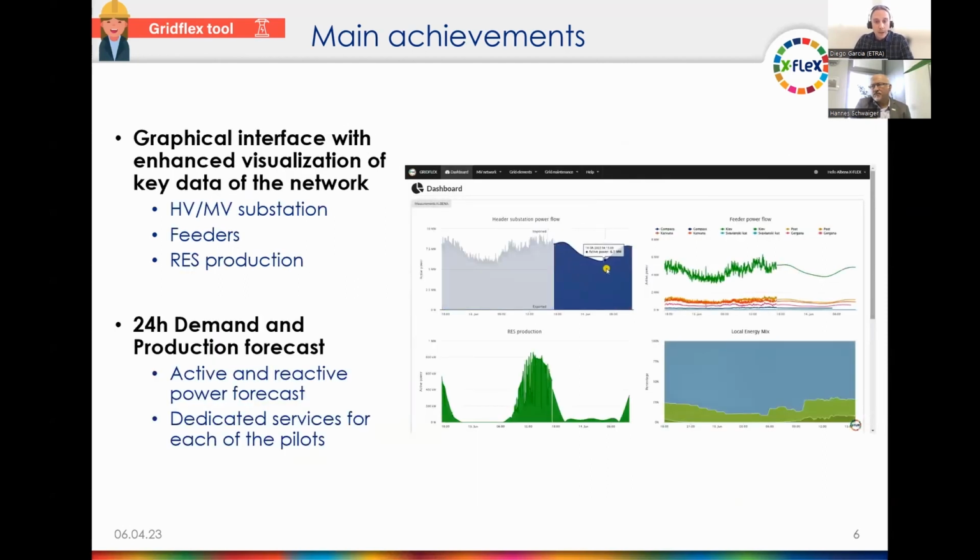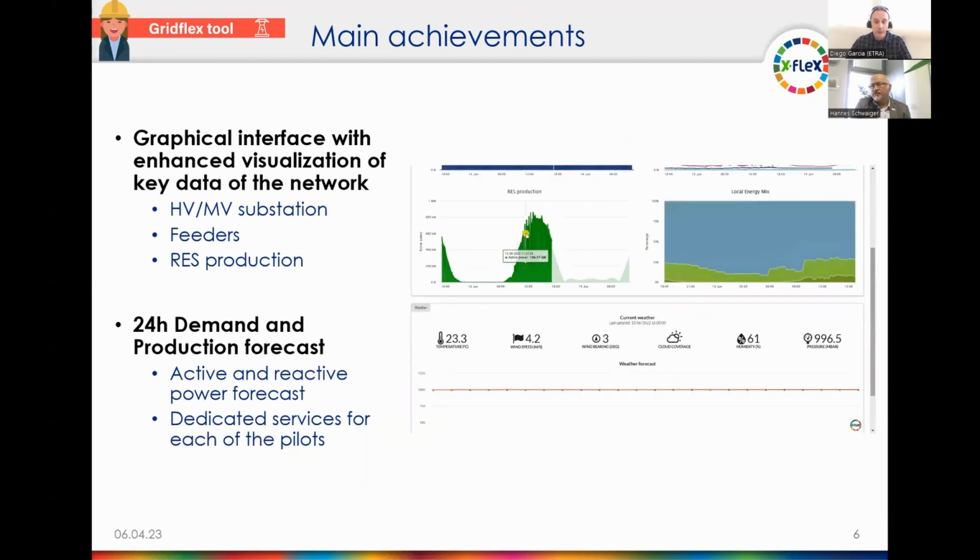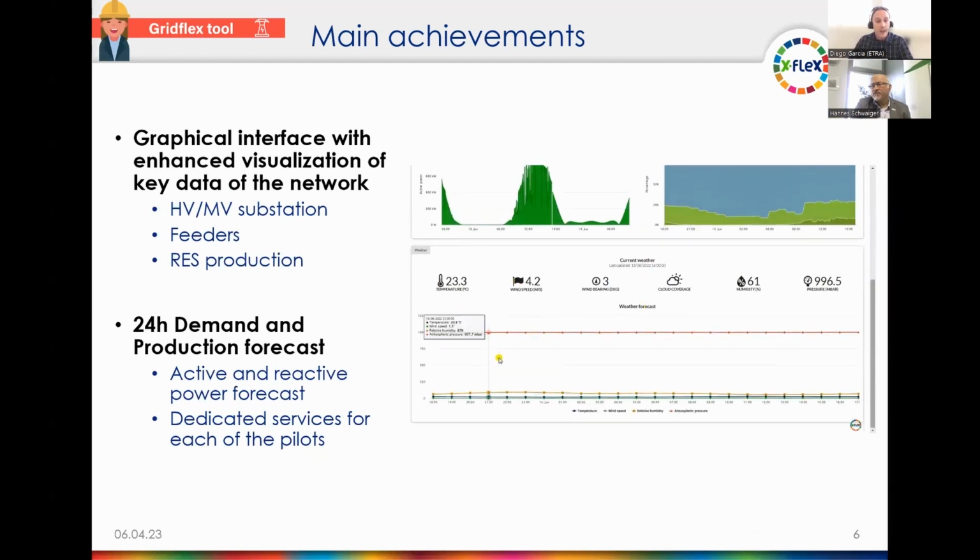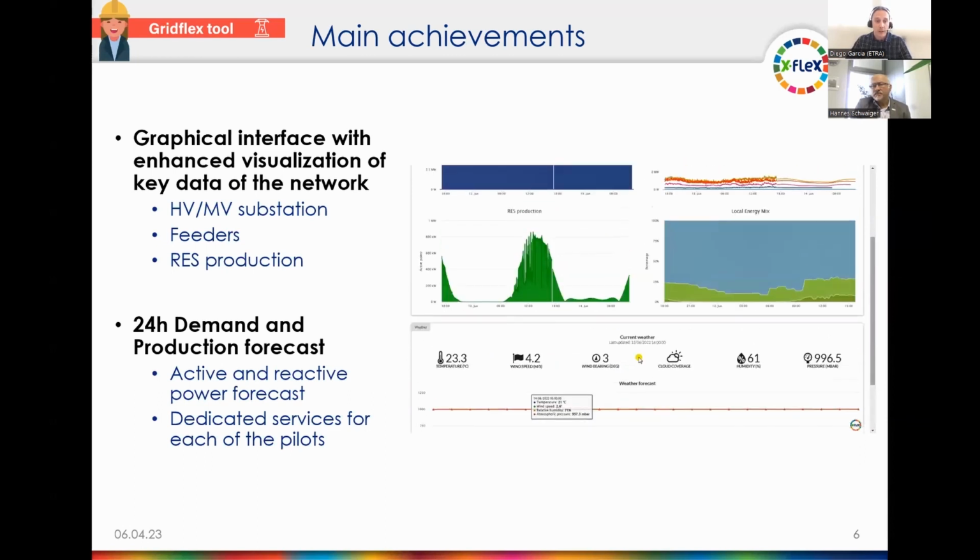Moving on, we can see here a kind of dynamic demo of the tool. The initial characteristics that we can show from the tool are a graphical interface with enhanced visualization of the key data of the network.